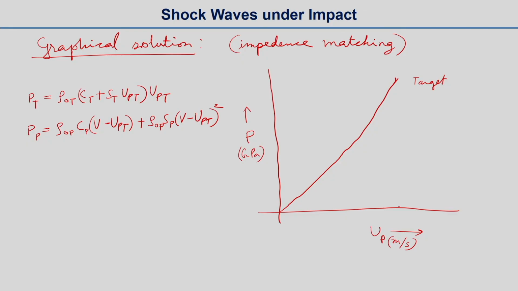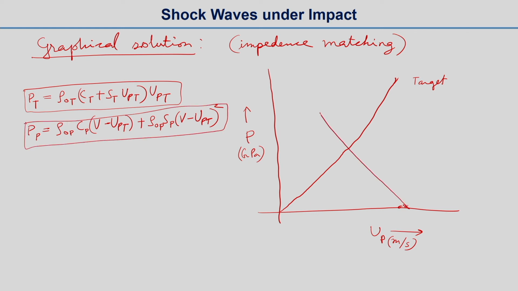What we are doing is plotting the target equation, and then we will do the other one. This one will look something like this, and this is actually for the projectile.